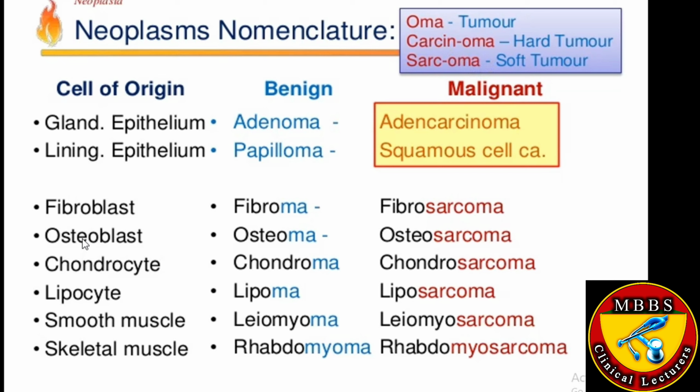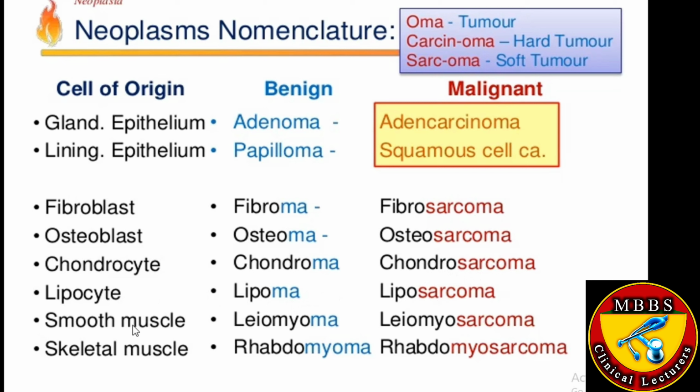Since it is mesenchymal tissue, for osteoblast, the benign tumor is osteoma and the malignant is osteosarcoma. Chondrocyte, that is cartilage cell, benign tumor is chondroma and the malignant tumor is chondrosarcoma. Lipocyte is a fat cell, benign tumor is lipoma and malignant is liposarcoma.